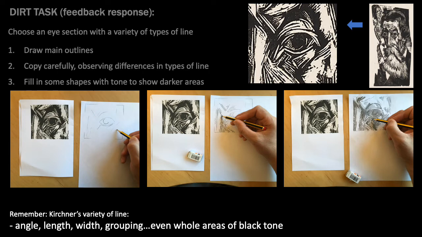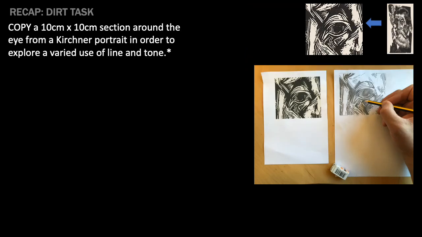And just remember the different kinds of line that Kirchner uses and look out for them in the picture. Okay? So the finished product should be a 10 by 10 accurate copy of an eye section of one of Kirchner's pieces. Just to recap.